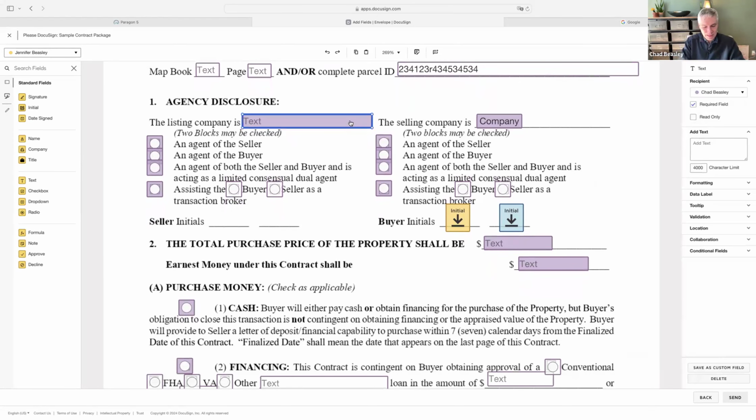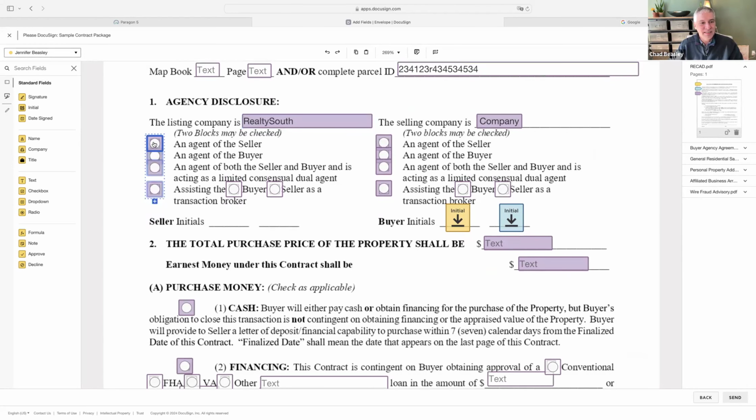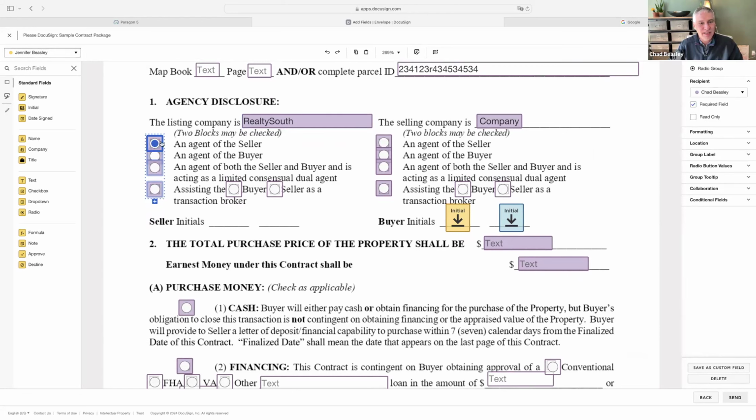Here you're going to put the listing company. Let's say it's Realty South, and they're acting as an agent of the seller. So we're going to check that box. This section is just disclosing who's representing whom. And then it's going to pop in EXP Realty automatically here because I've got that set up in my templates.